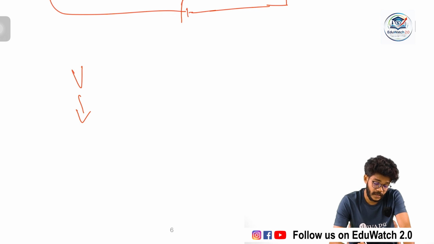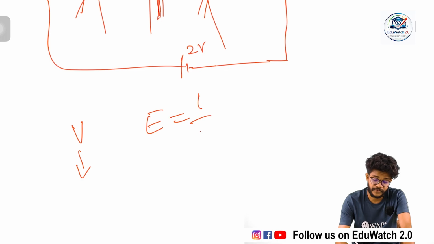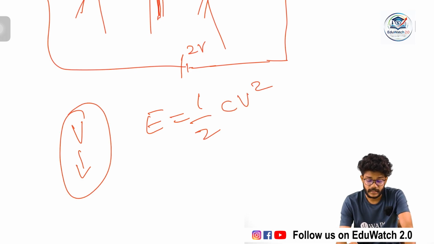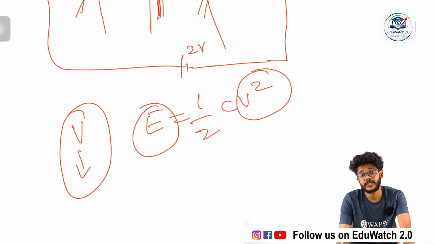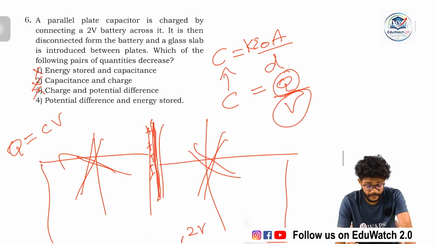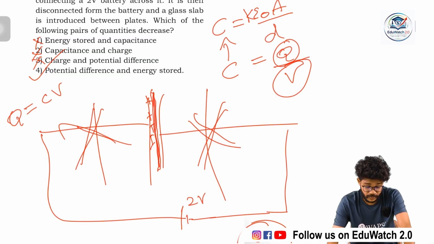It will affect the energy also, because the equation for energy is half CV square. If V decreases, V square also decreases, so the energy also decreases, even though C is increasing. Okay, so option 4 is the correct answer.